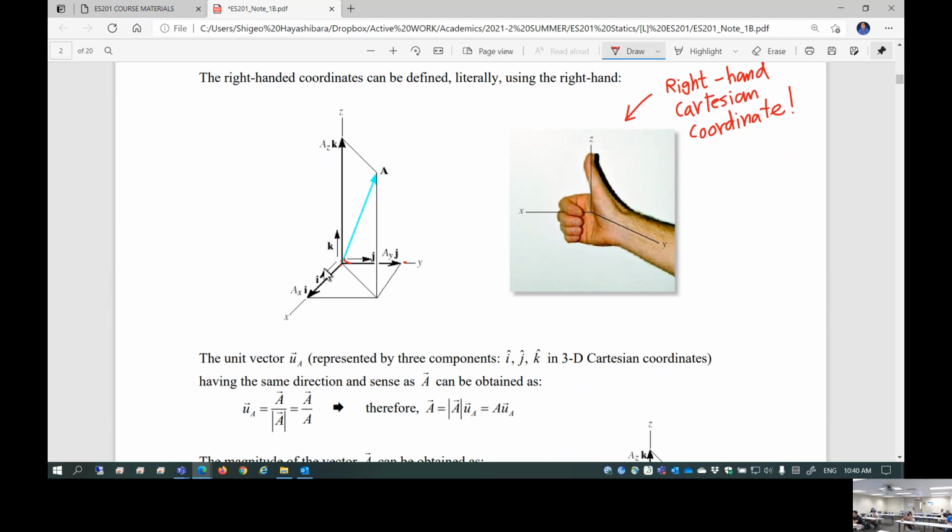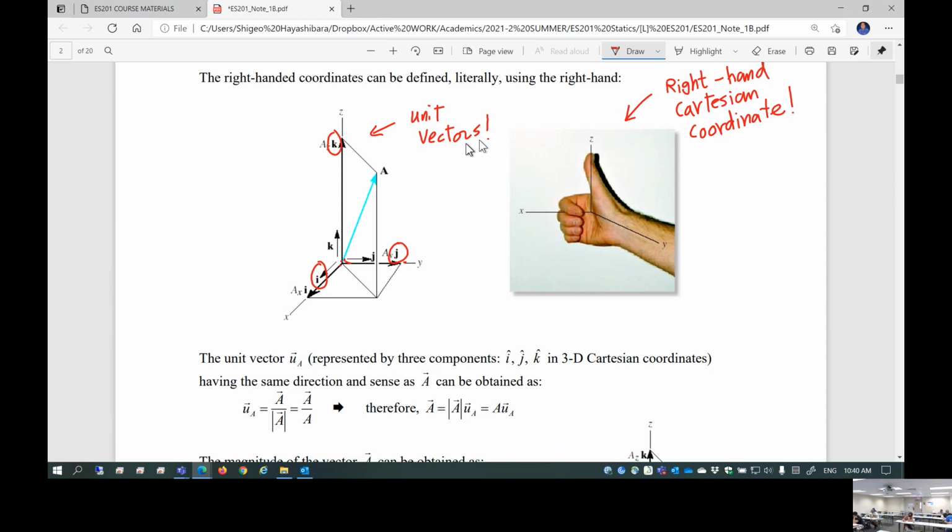If you multiply with the unit vectors i, j, and k, those are the vectors with a magnitude of 1. You guys know that.